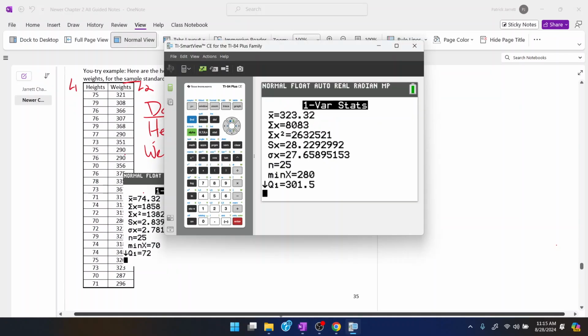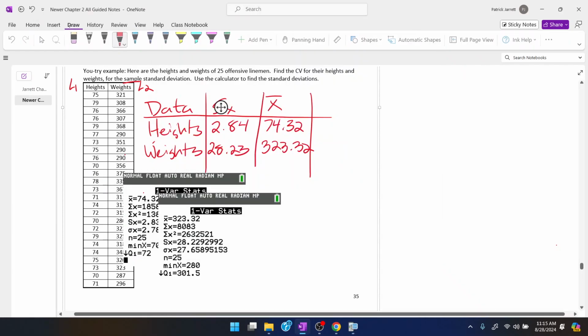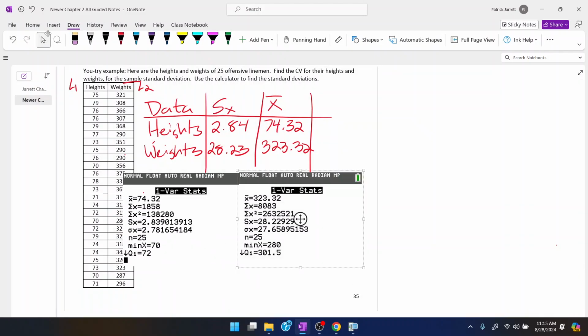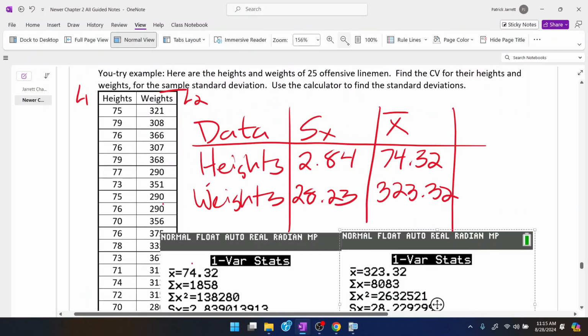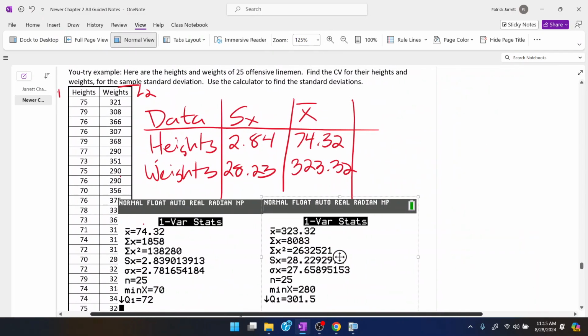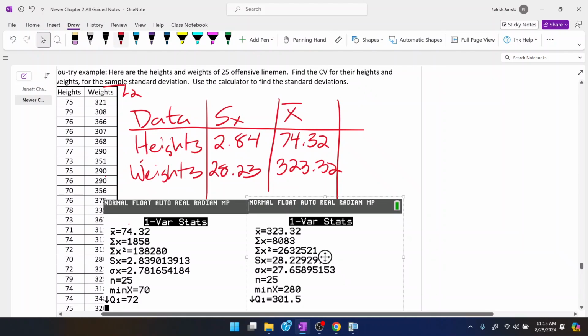I'm going to bring this over to my screen here. I need to blow that up so we can see it a little better. Now, coefficient of variation. For the heights, we literally take 2.84 and divide it by 74.32, and multiply it by 100%.